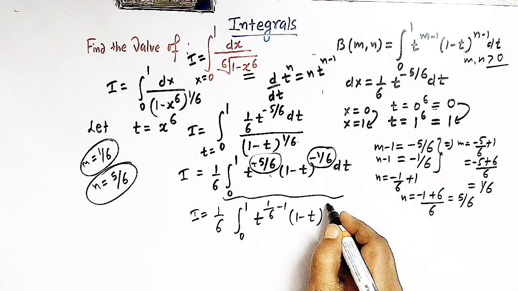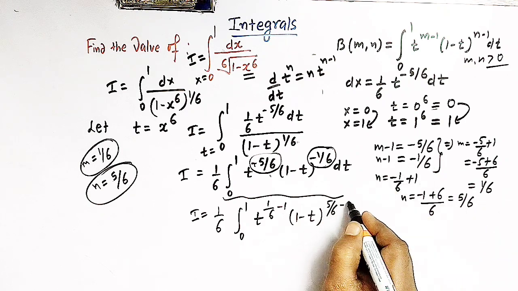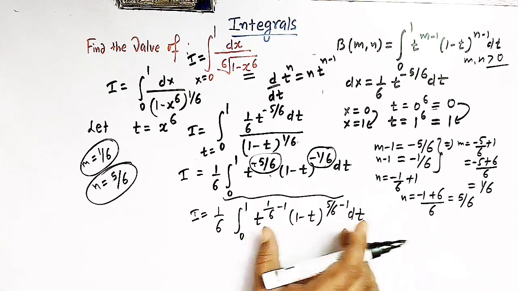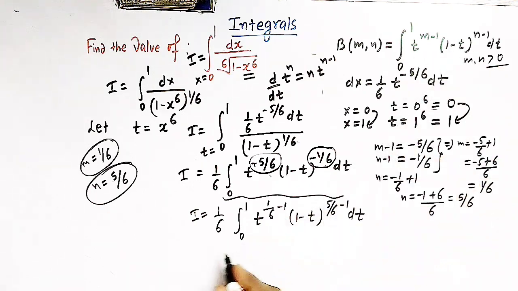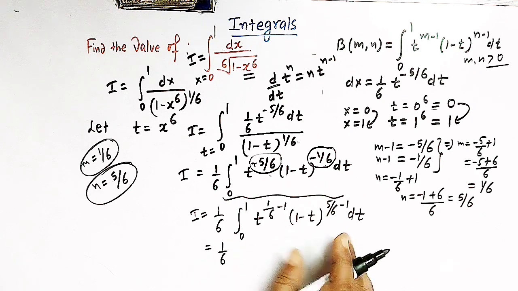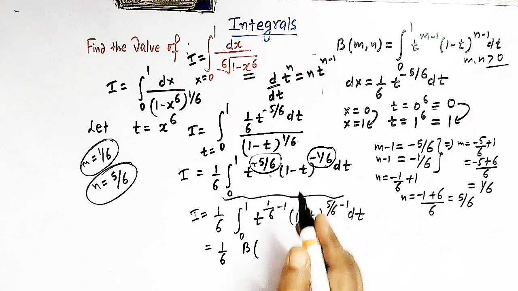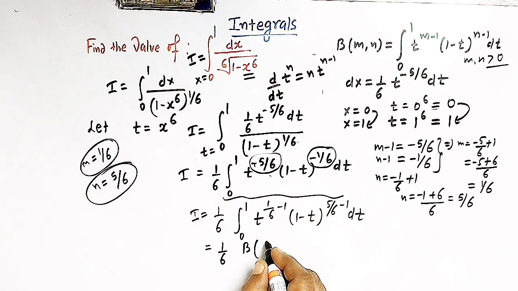So we have n is 5 over 6, and this is minus 1, and dt. Now this integral is exactly similar to this one, so we can replace this integral by the beta function. So we have beta m comma n, where m is 1 over 6 and n is 5 over 6.